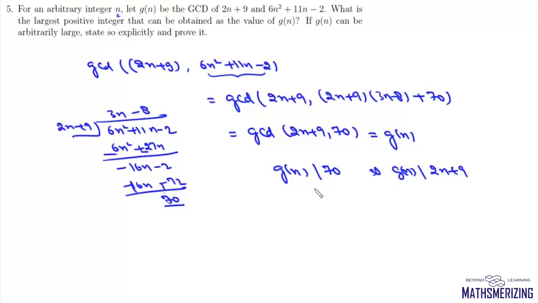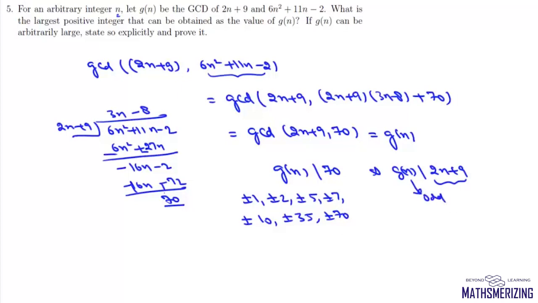Now if Gn divides 70, then Gn can be plus minus 1, plus minus 2, plus minus 5, plus minus 7, plus minus 10, plus minus 35 and plus minus 70. But Gn also divides 2n plus 9. That means this Gn must be an odd number.